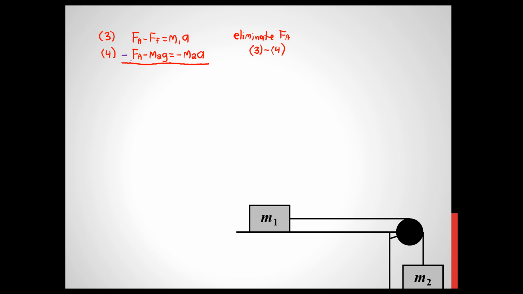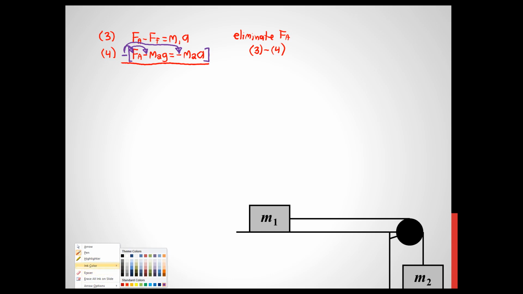When you subtract an equation, this negative sign needs to be applied to every single term. So I'm going to put the entire second equation in brackets, and that subtraction sign is then going to apply to every single term. Using the distributive property, this negative would apply to the FA, the negative would apply to the negative M2G, and this negative sign right here would also apply to the negative M2 times A.